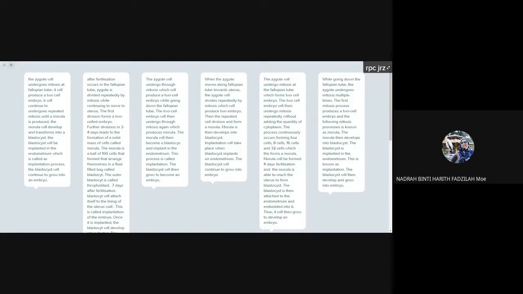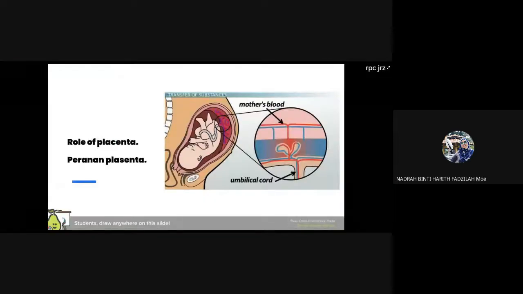Alright, for the next part we will look at the placenta. Earlier, the role of the corpus luteum was to secrete progesterone and estrogen to signal the uterus to maintain the thickness of the endometrium.